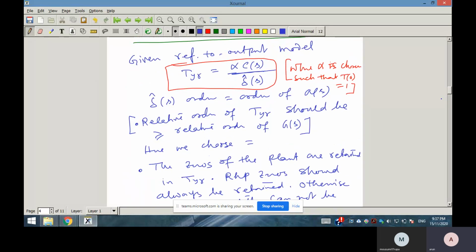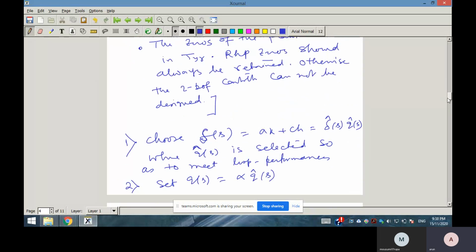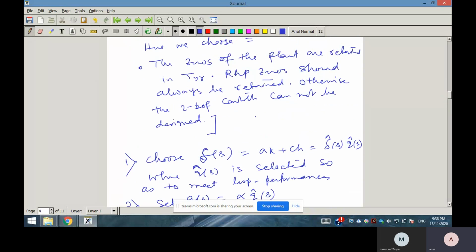In the reference input output model, the plant zeros should be retained, at least the right half plane zeros. Otherwise, as I said, the 2 degree of freedom controller cannot be designed.